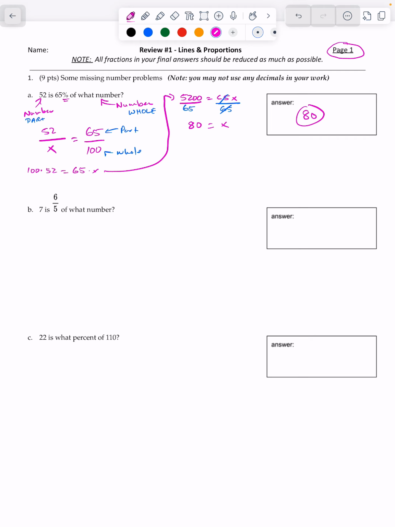7 is 6/5 of what number? Okay. Notice that this is already a fraction. And so there has to be some equivalent fraction that is 7 and this number.